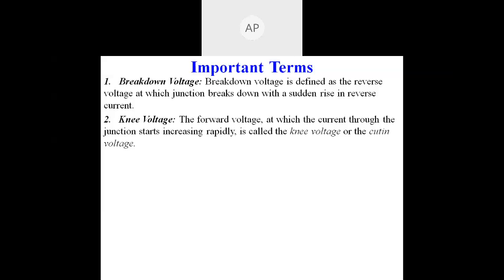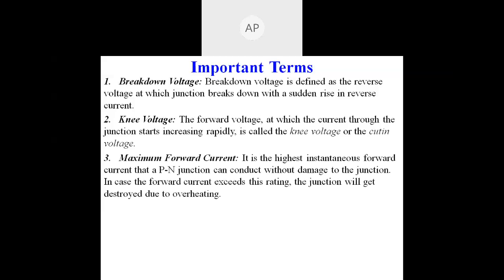The forward voltage at which the current through the junction starts increasing rapidly is called the knee voltage, or cut-in voltage, or forward bias voltage. We simply call it VF, or most of the time simply VD.